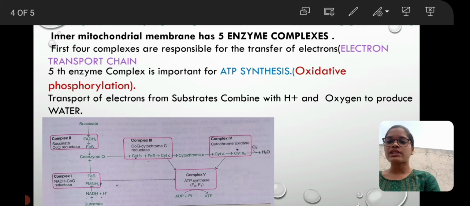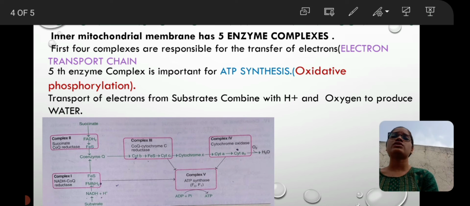The transport of electrons from substrates combines with H+ and oxygen to produce water. As I already said, in the electron transport chain the precursors are the substrates, and that will combine with the hydrogens, that are protons, resulting in the reduction to water and CO2.